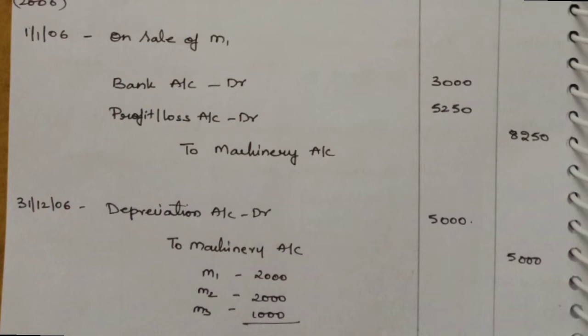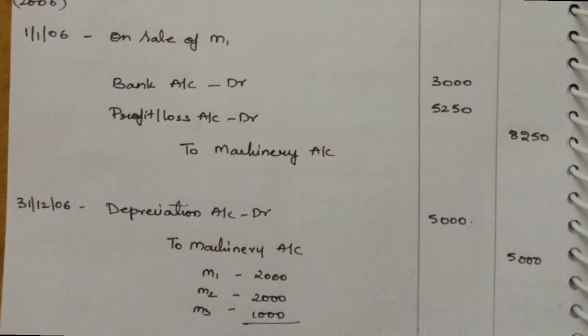So debit all expenses and losses. So debit profit and loss account 5,250, and credit what goes out. Machinery is the real account, so credit what goes out to machinery account 8,250. So the whole entry will be bank account debit 3,000, profit and loss account debit 5,250 to machinery account 8,250, right?